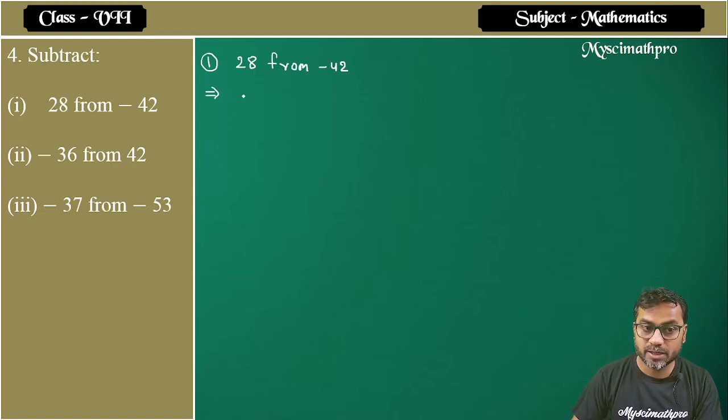So the first thing, we have to keep both integers in brackets. So we write 28 from minus 42.